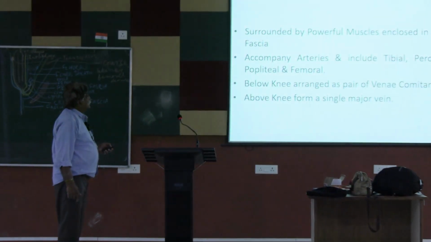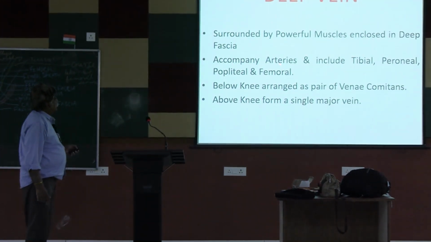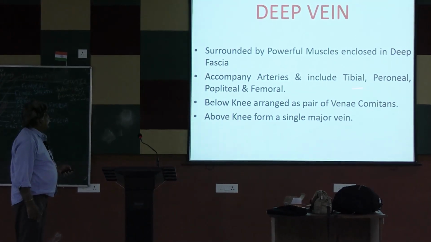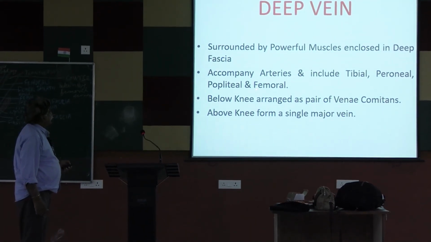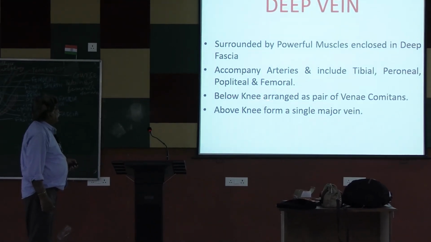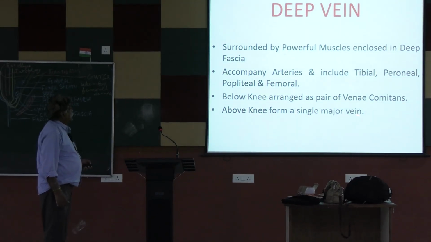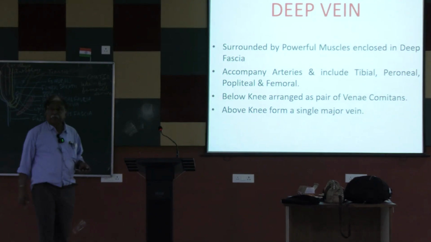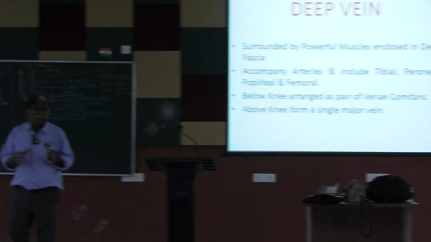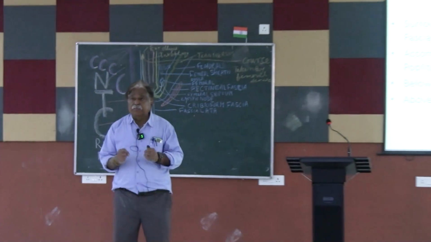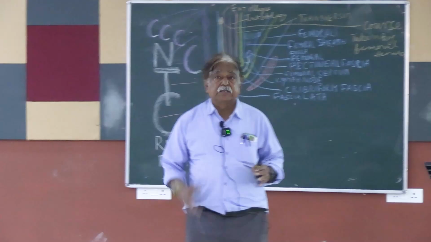Surrounded by powerful muscles enclosed in deep fascia, accompanying arteries and including tibial, peroneal and popliteal, femoral. Below knee arranged as pairs of vena comitans, above knee from a single major vein. And why is it in the deep muscle? Because it pumps the muscle, the soleus.